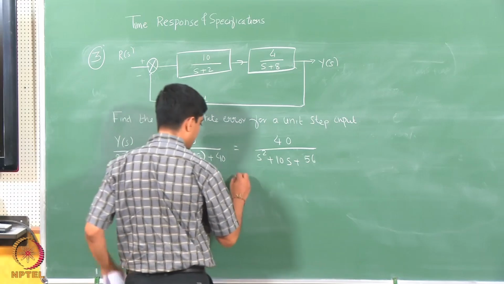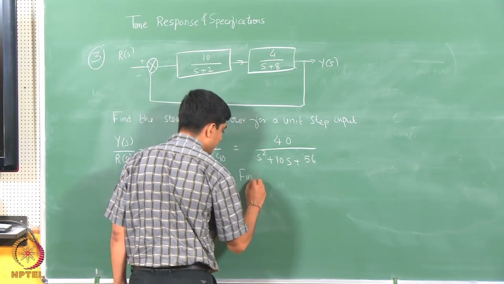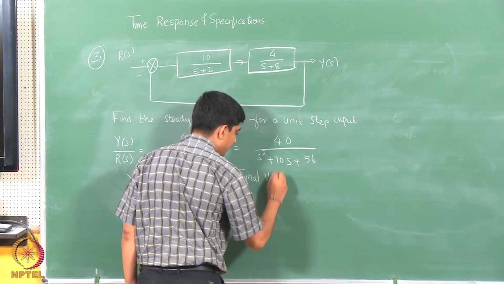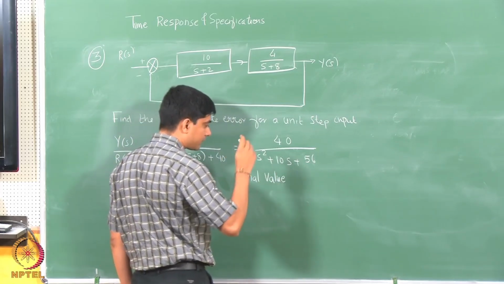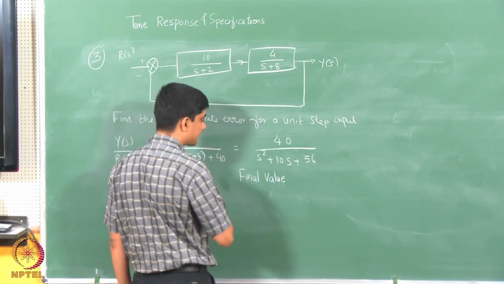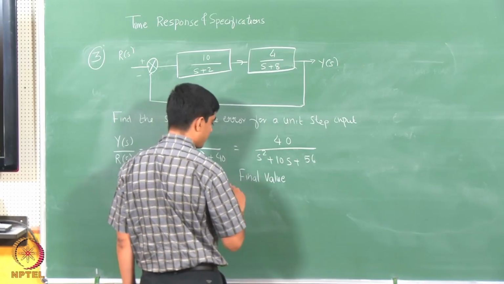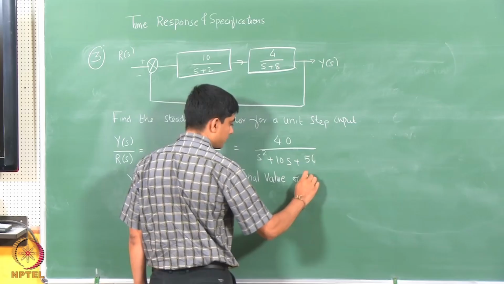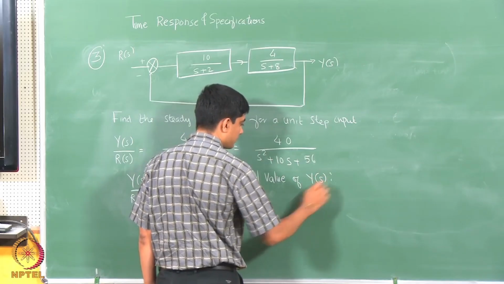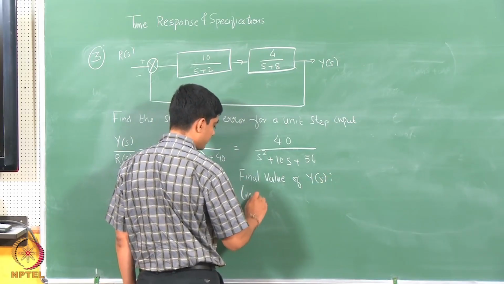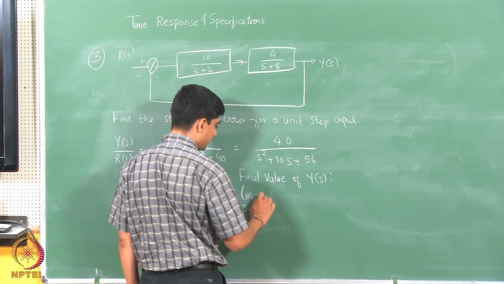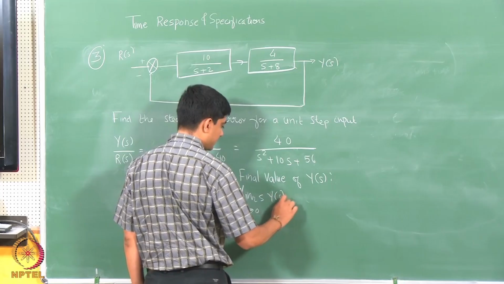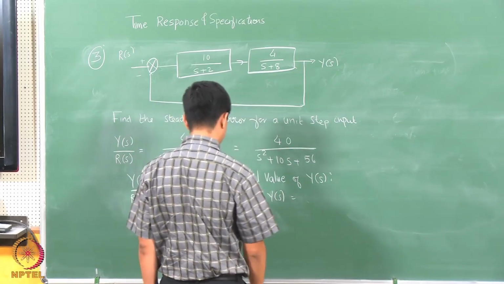And then I would compute what is the final value. I am not really interested in finding the entire signal with time, but I am only interested in finding the steady state error. So, what is the final value of y? From the final value theorem, the final value is limit s going to 0, s times y of s for a step input.